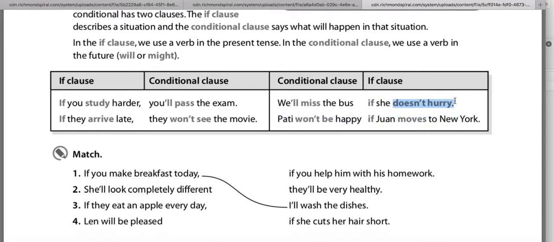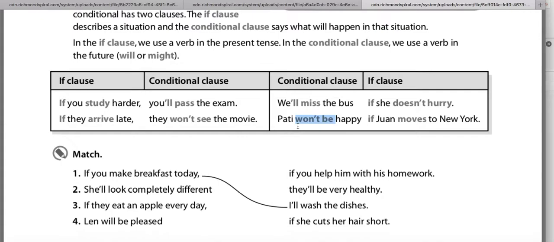Don't forget, when we use if clauses, we use the present tense. Now, Patty won't be happy if Juan moves to New York. Moves is in present, and won't be happy is future.